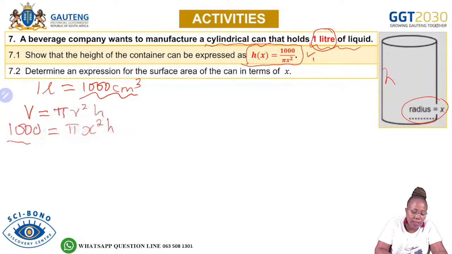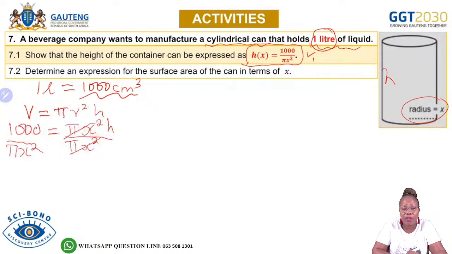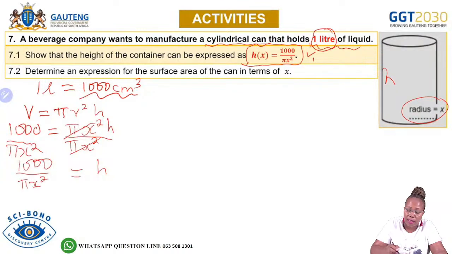And then we divide both sides by pi x squared, because we are looking for h. Then the pi x squared goes once there, we'll be left with h this side, and then on the left hand side we have 1000 over pi x squared. Is it what is expected from us? Yes, we are 100% correct.